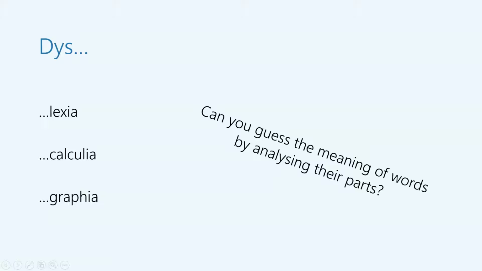Calculia has something to do with numbers and mathematical operations, and graphia has something to do with writing. Obviously, these three words refer to certain problems with things we usually do at school. Read, write, and calculate. So, we are going to talk about learning difficulties, and we will discuss one of them in more detail. We'll discuss dyslexia.